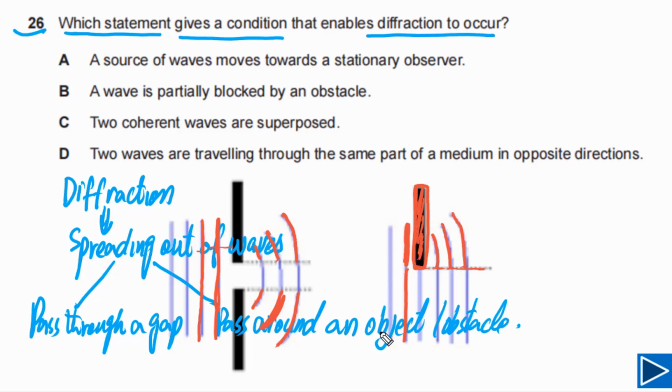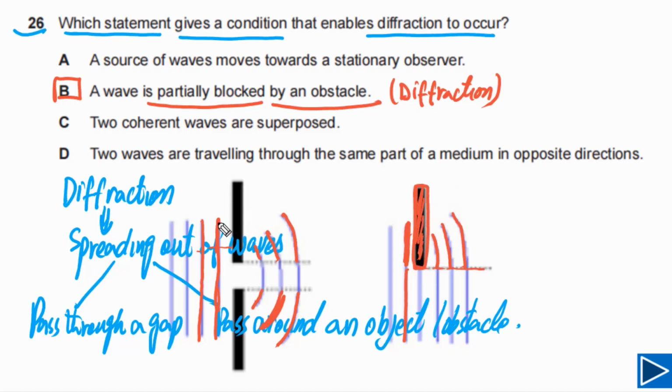Now based on these things we can find out the right answer. If you look at option B, a wave is partially blocked by an obstacle, because this part of the wave has been blocked by this obstacle. So this is an example of diffraction. A little bit of a tricky question, but this is one point you need to understand about diffraction. We can also say a wave is partially blocked by an obstacle, and this is the condition.